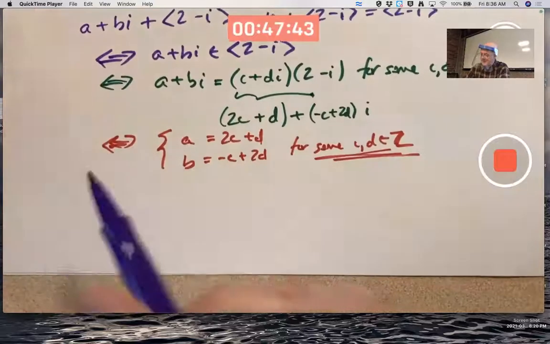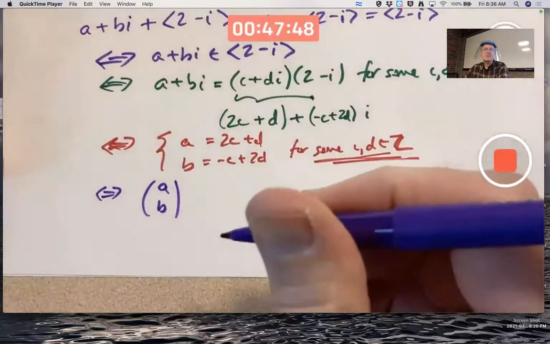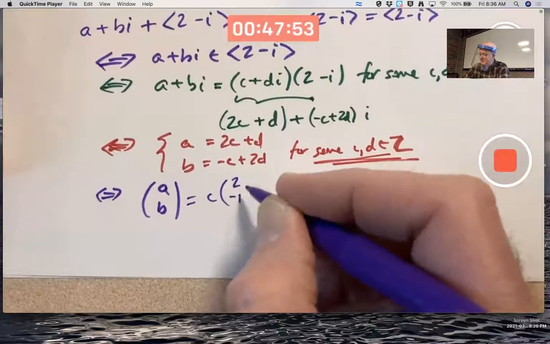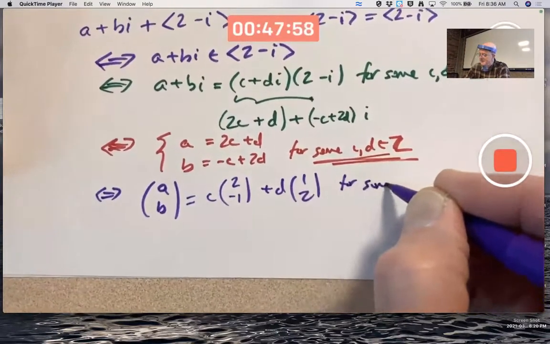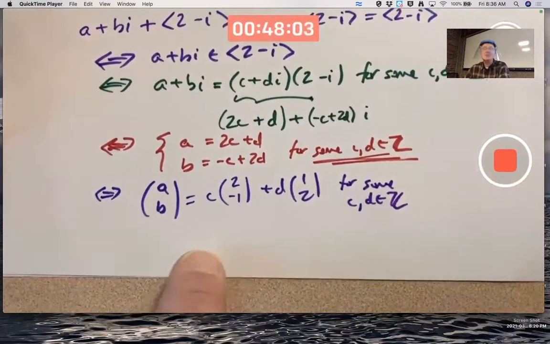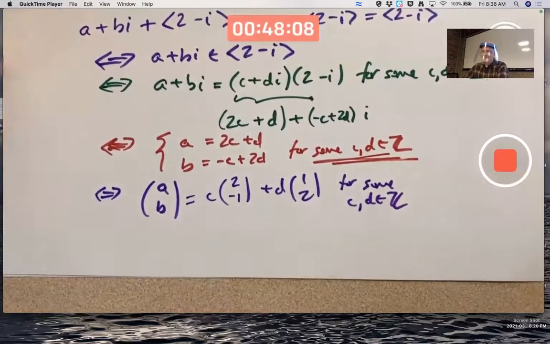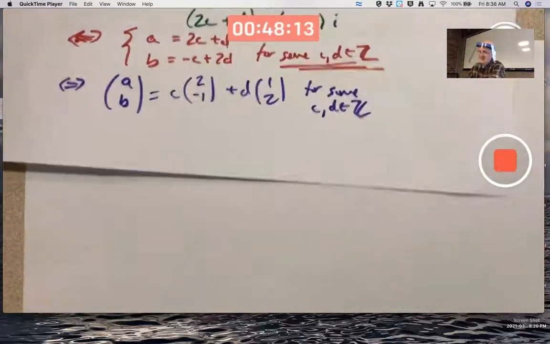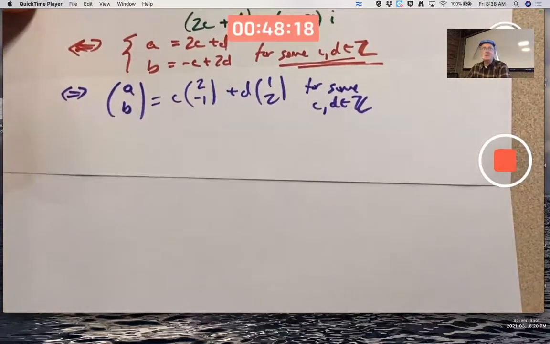This is equivalent to saying the vector (a, b), writing as a column vector, is equal to c times the vector (2, -1) plus d times the vector (1, 2) for some integers c and d. And this can be imagined geometrically. Draw these two vectors as arrows in the plane.